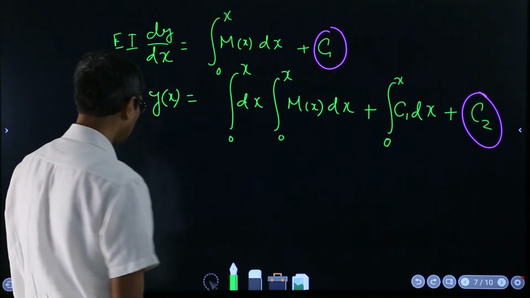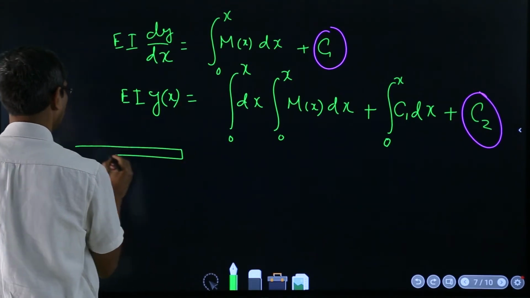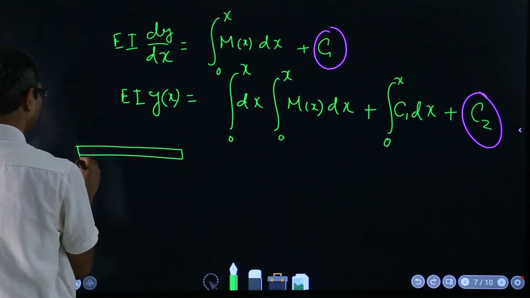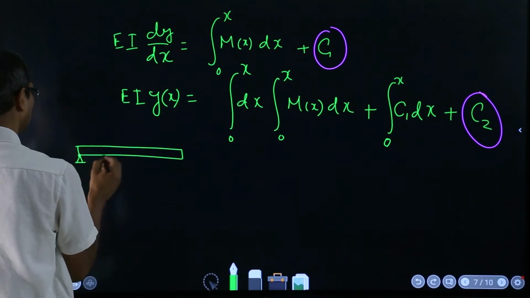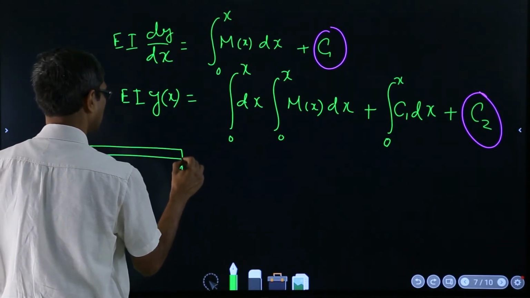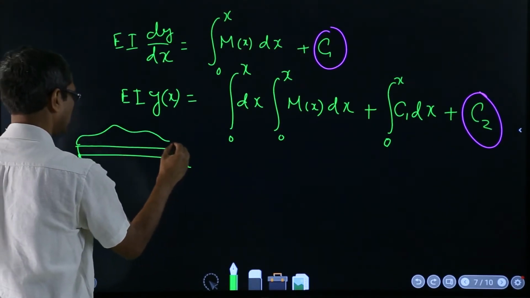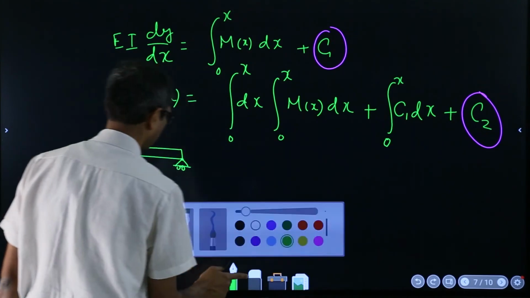for this course in this semester, and they are of these types. One is called a simply supported beam. So here it's hinged, and here also it's hinged, and the beam is like that, and the loading could be anything.